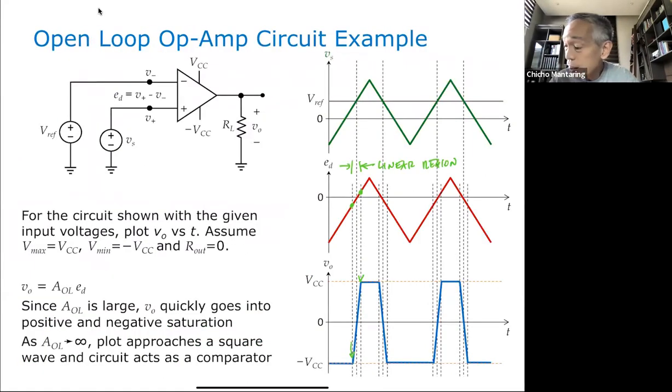Ang problem was ang liit, there's a very, very small input voltage range or ED range where your input is in the linear region. As a matter of fact, if it's an ideal op-amp, this linear region is actually just a point, because this will be a vertical line. So the problem is napakabilis niya mag-saturate.